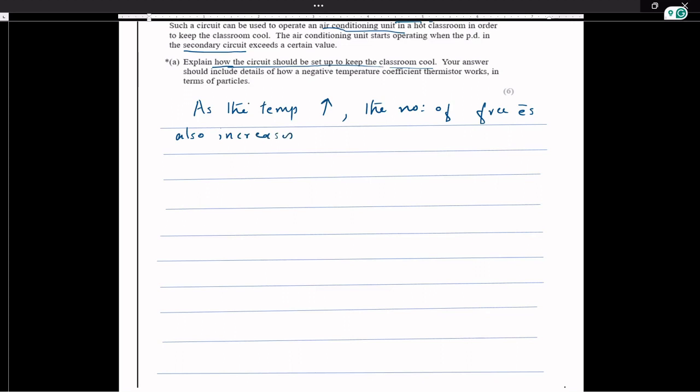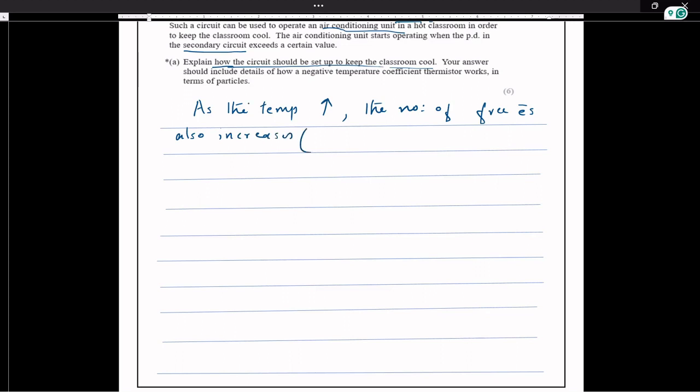This is because when we are supplying heat energy, it is by thermionic emission. When we are supplying energy, the material absorbs energy and more electrons become free. The number of free electrons also increases.